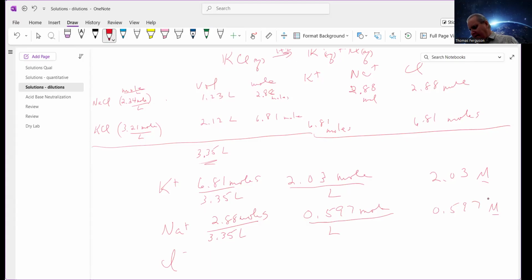Now, chloride, again, has two sources. We have to add those moles of chloride together before we do the calculation. So we've got 288 and 681.